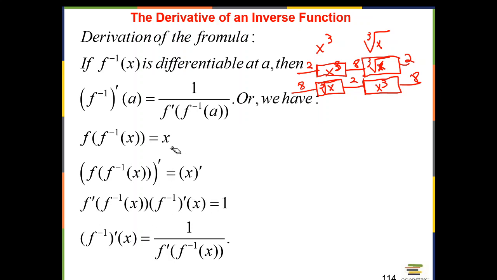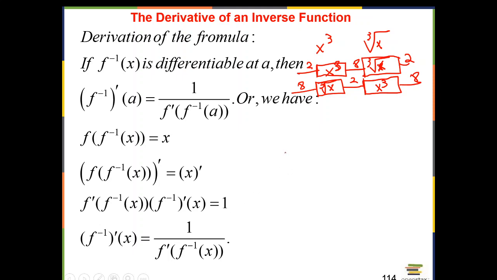What's the prime of x with respect to x? It is 1, right? So we are going to isolate f inverse prime. We divide both sides by f prime of f inverse, and that's the inverse function theorem. So we proved that, right?